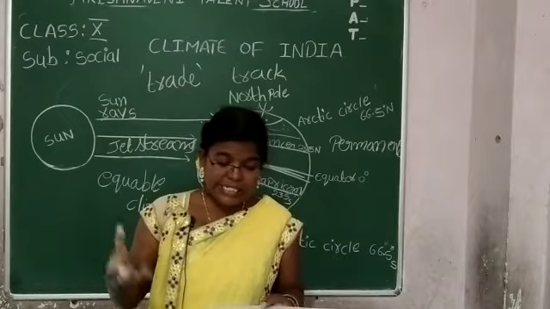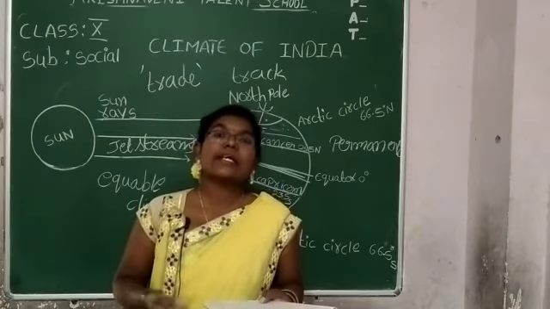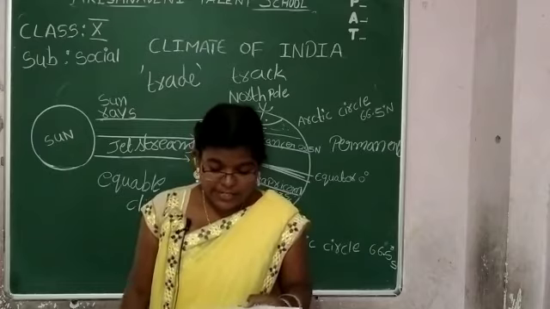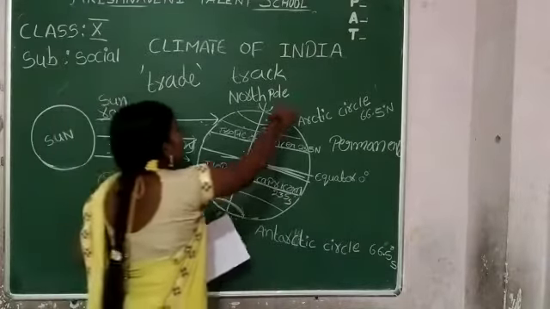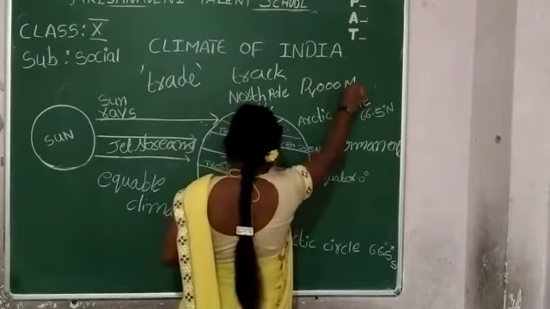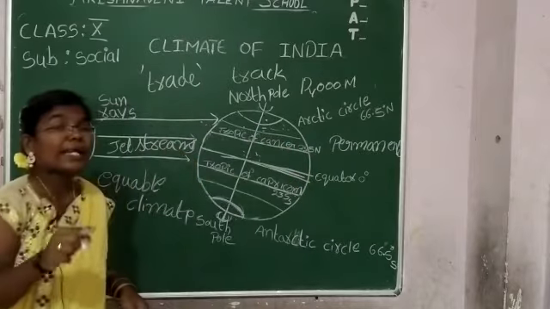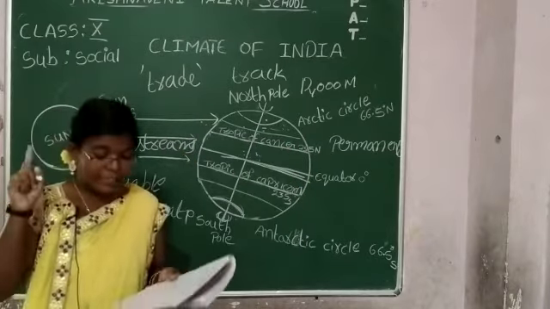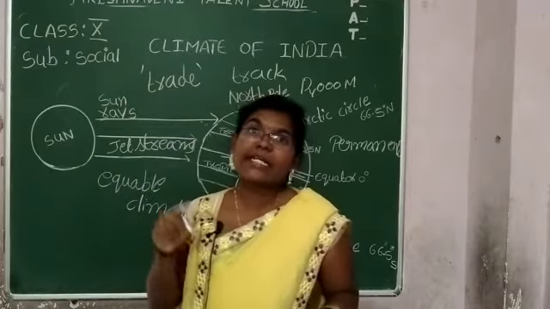These streams flow at high altitudes, above 1000 meters. Their speed varies from about 110 kilometers per hour in summer to 184 kilometers per hour in winter.